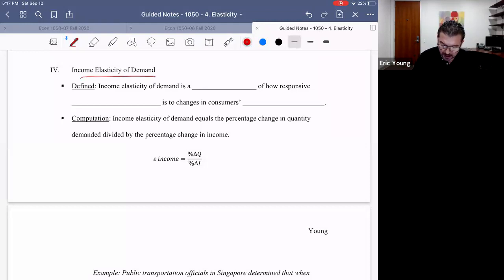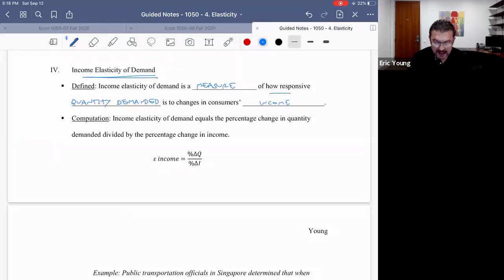This one, our third approach, is income elasticity of demand. Let's first define it. Income elasticity of demand, of course, is a measure. Specifically, it is a measure of how responsive quantity demanded is to changes in consumers' income.